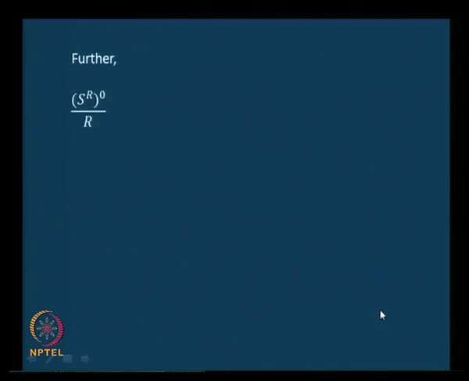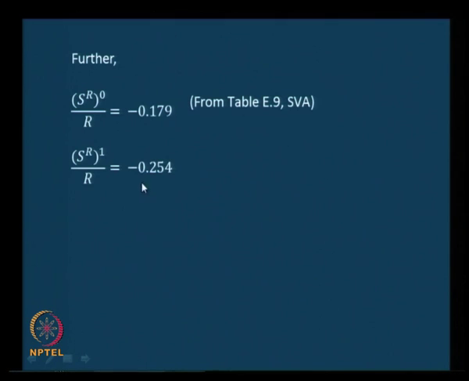We still need to worry about SR, that can be obtained again from the values given in the tables. SR0 by R will turn out to be minus 0.179 from the value given in table E9 of your textbook, and SR1 by R is minus 0.254 from table E10 of your textbook.